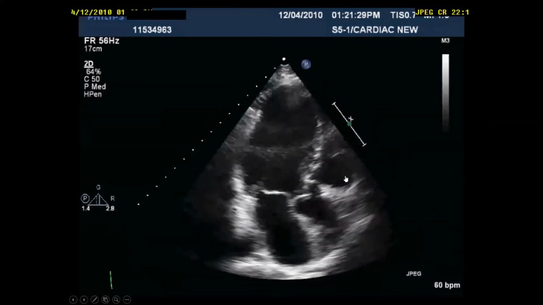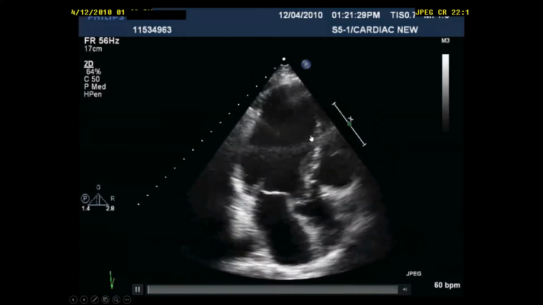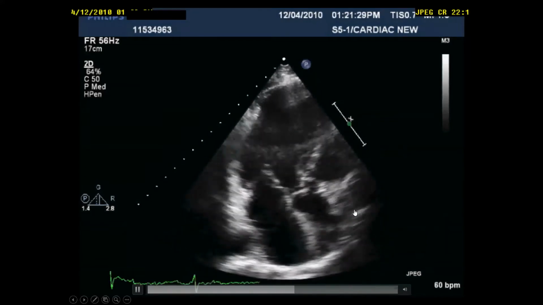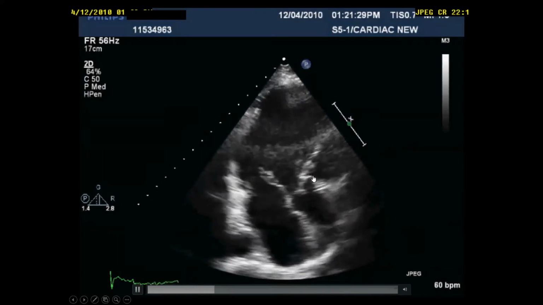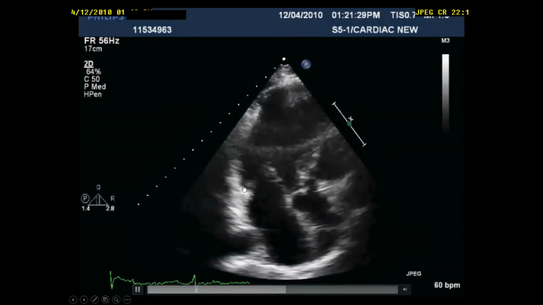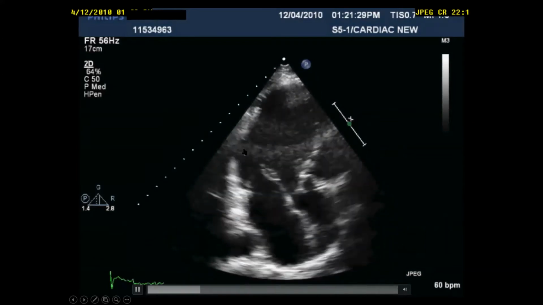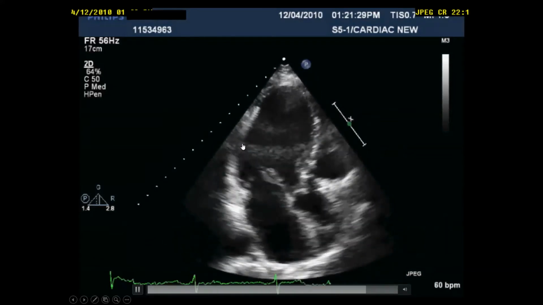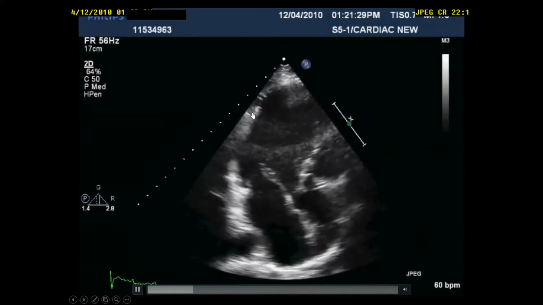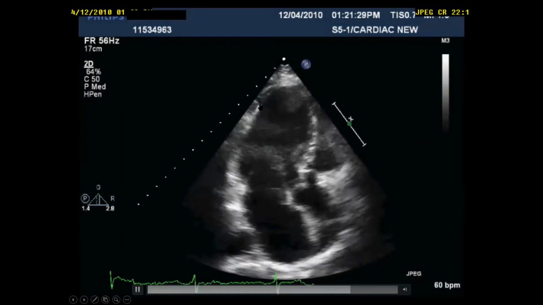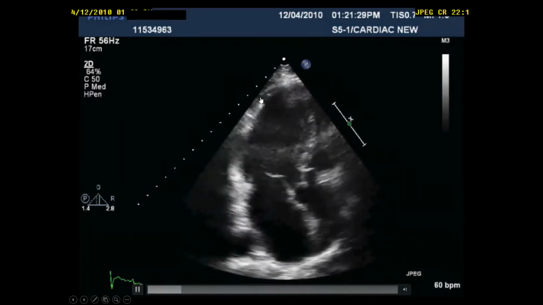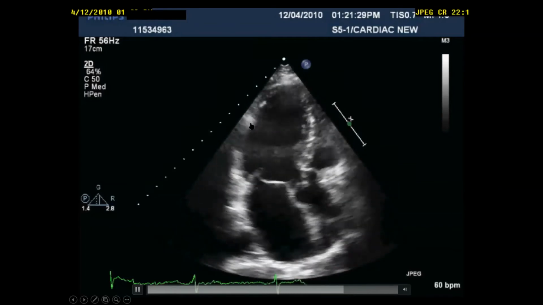Now this is a very bad image in terms of quality, but this is apical 3, and you see the anterior septum, the apex, and the posterior wall. If you look at the endocardial border of the posterior wall, you don't see any thickening. Again, this is akinetic posterior wall, and not only akinetic, but thinned out.